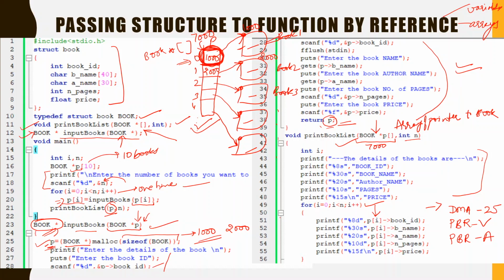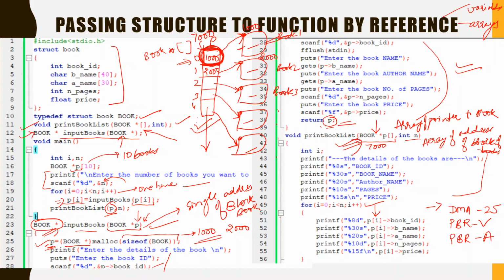This is the difference you have to note: this is going to catch only a single address of a book block, and this is going to catch an array of addresses of blocks of books. So when you want to pass this complete array, you have to use this notation. And if you only want to pass a single individual element, then you have to use this syntax.